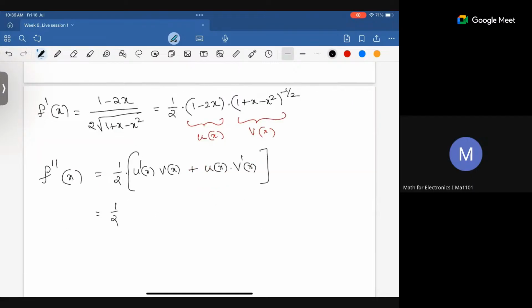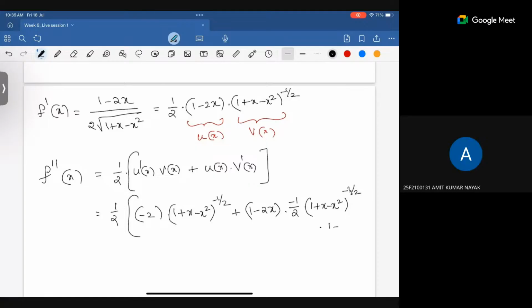So this will now become half into u prime of x, where 1 minus 2x is u of x, so u prime of x is simply minus 2, into v of x, which is 1 plus x minus x square whole power minus half, plus u of x, which is 1 minus 2x, into the derivative of v of x. V of x is 1 plus x minus x square whole power minus half. Its derivative will be minus half into 1 plus x minus x square whole power minus 3 by 2 into 1 minus 2x.